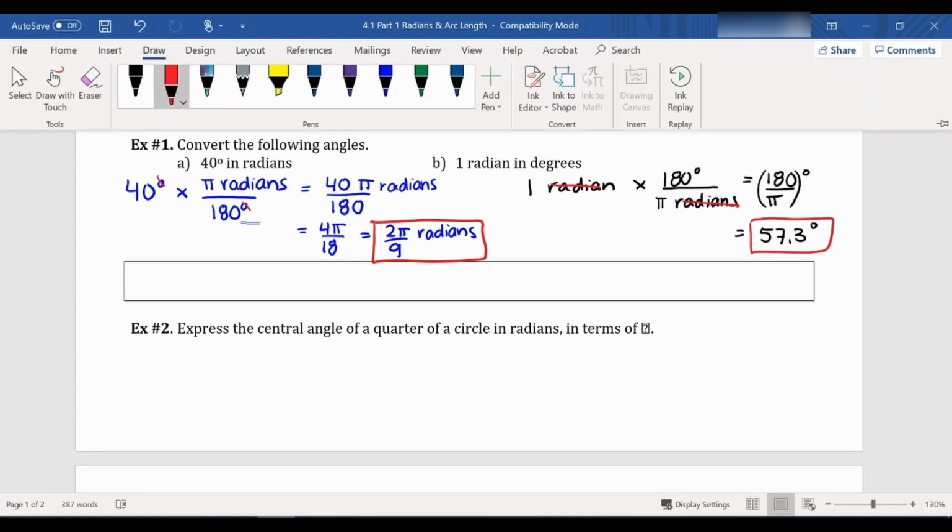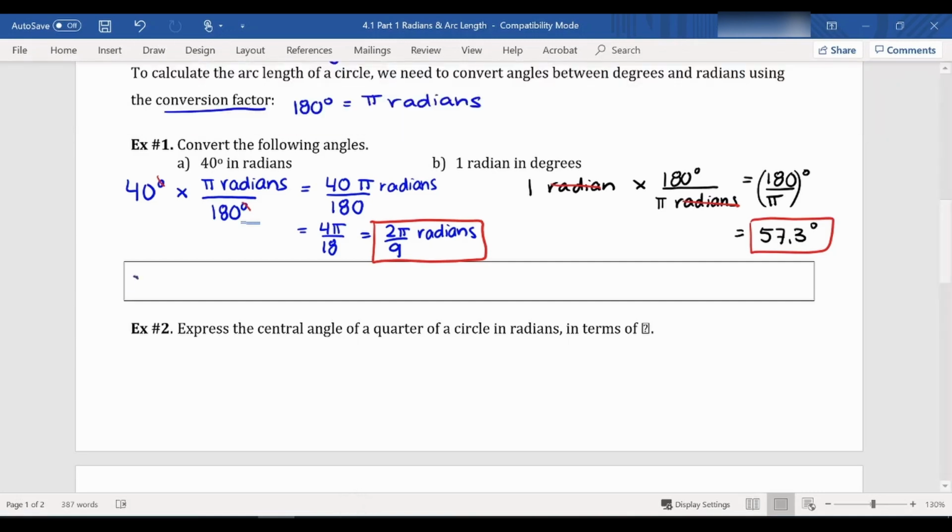So for our conversions, in this box, I'm just going to put a little note about conversions. If I want to go from degrees to radians, I need to multiply by pi over 180.